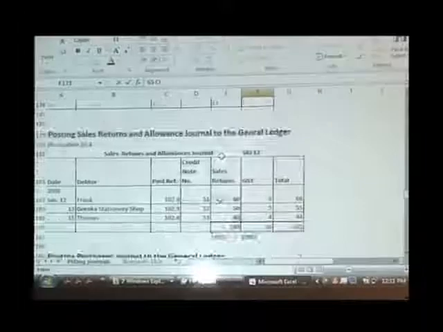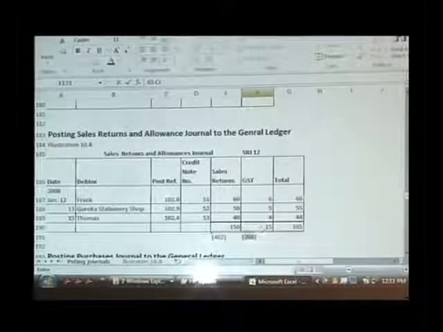Now check the items. Yes, we posted all the items.